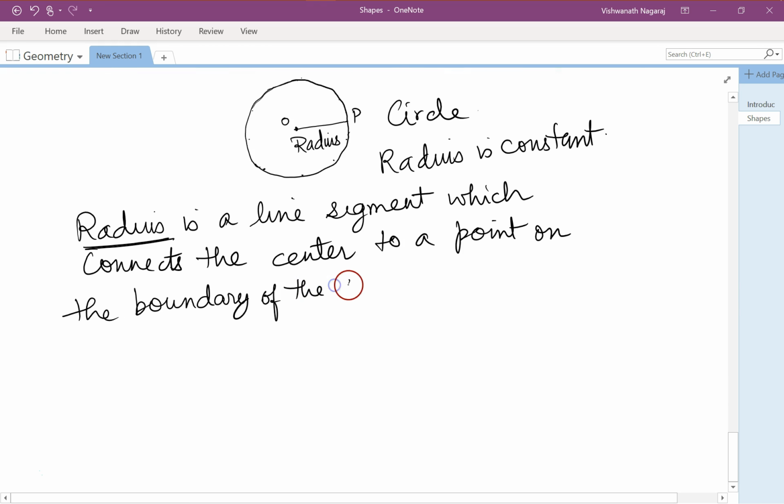Okay, so let's say we have a circle, we have a point, this is the radius.